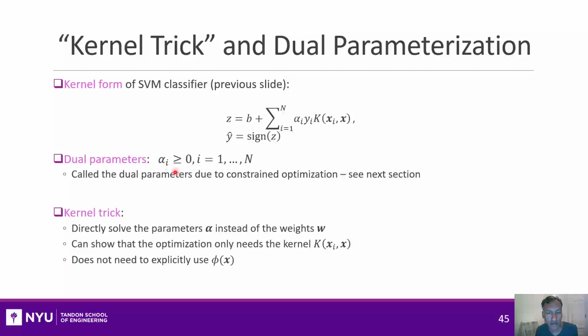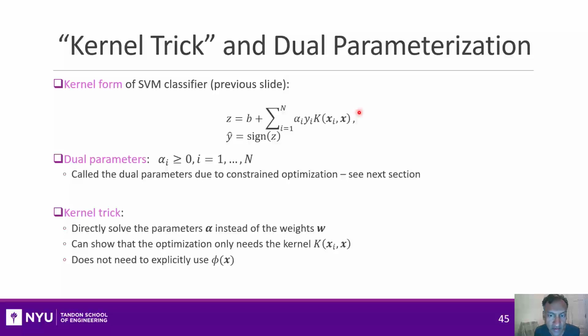The kernel trick says that instead of actually optimizing over the weights, we directly optimize over the alphas. And that optimization itself just uses the kernel. I'm again not going to show this, but the point is that you don't ever need to explicitly look at the phi of x's that generated this kernel.